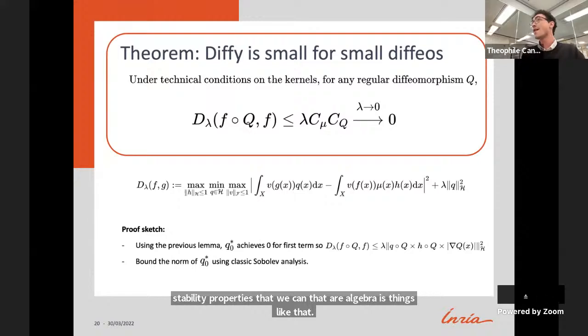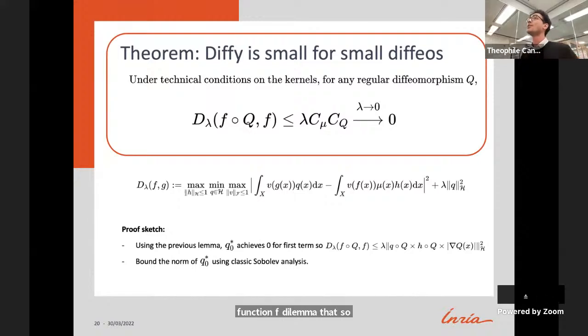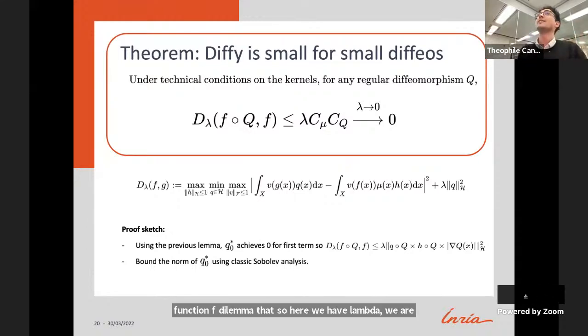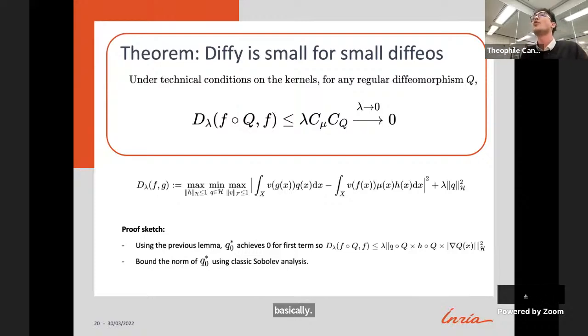For any function f, d lambda, so here we have lambda, we are regularizing, d lambda of f composed with q and of f, so the difference between the two images, is going to be bounded by 2 constants that depend on mu, so the mask. So this one is completely irrelevant to the images. It's just the shape of the mask, the norm of the mask, basically. And CQ, which is a constant that depends on the norm of the diffeomorphism Q that we choose, right? Or not that we choose, sorry, but that we observe, okay?